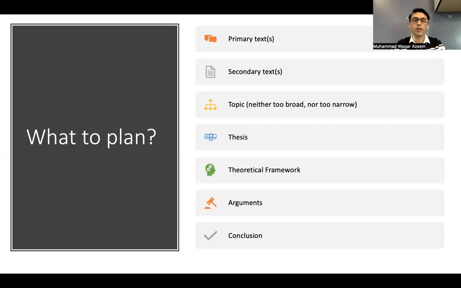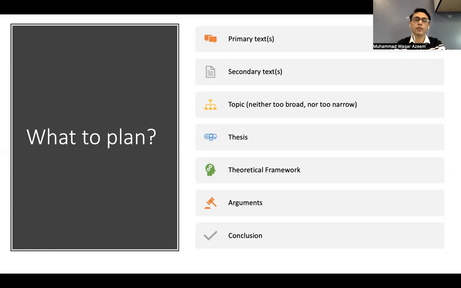So at this stage, when you are planning your academic paper, you do not necessarily need to have the actual resources you will be citing from. But you should have a general idea of what kind of secondary text you will be using.